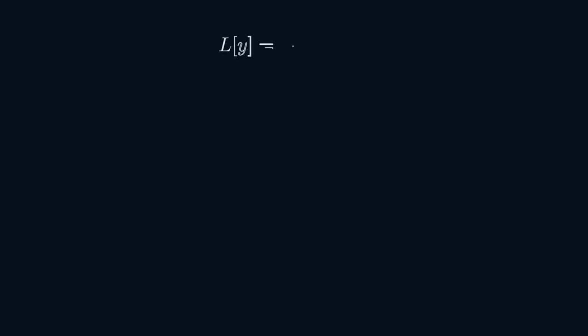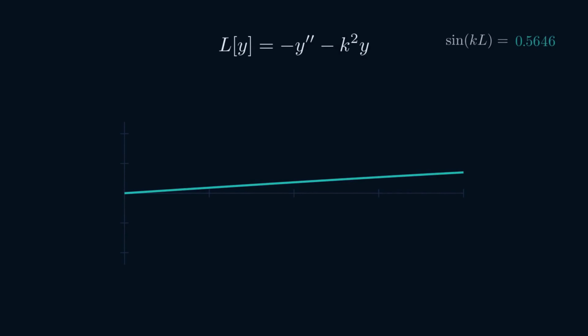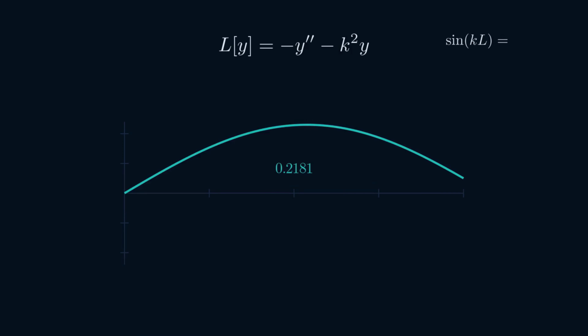Finally, the condition nobody mentions. Change the operator slightly, add a term proportional to y. Now sweep its coefficient. The Green's function has a denominator, and at particular values that denominator hits 0. Those values are the eigenvalues of the homogeneous problem.